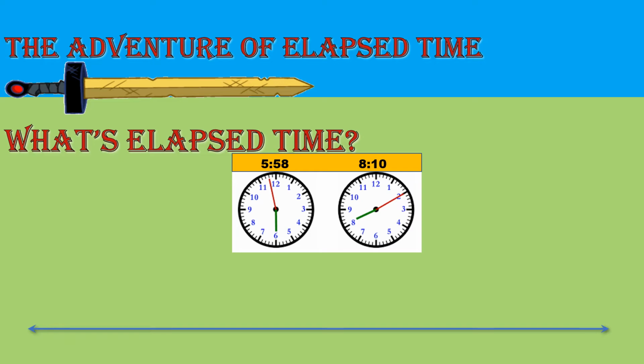An open number line means that we do not have any marks or intervals showing the time. We're just going to leave it open to help us start with adding on the time from 5:58 to 8:10. So how do we get started? First, we need to have our start time.